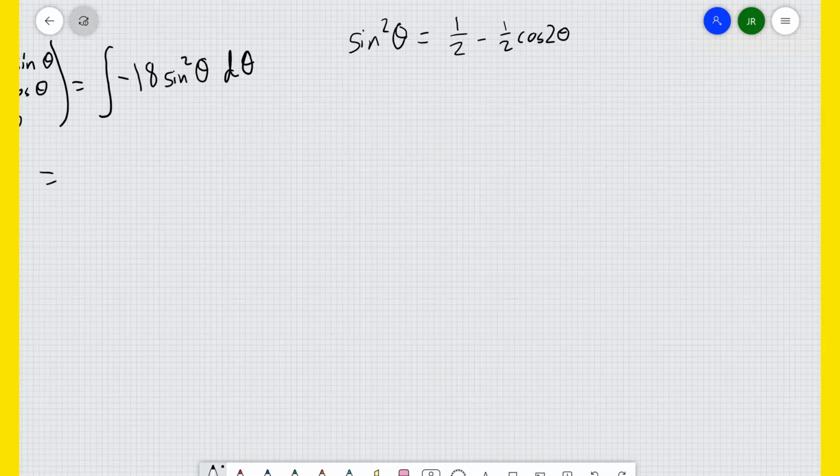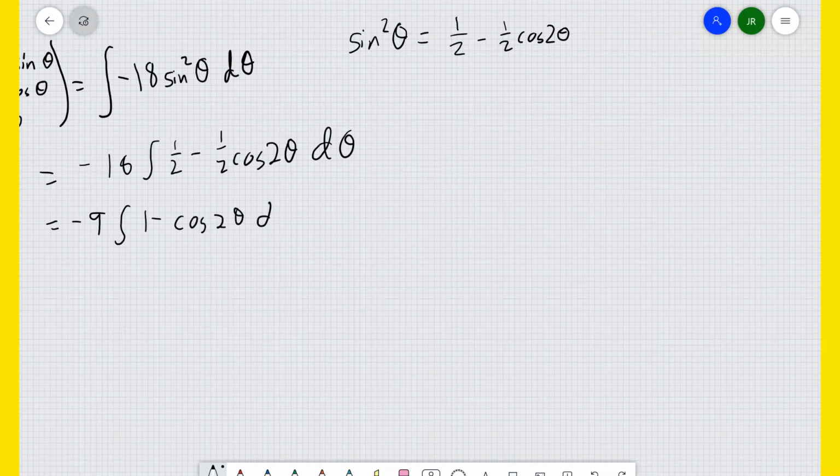So now this equals, I'm going to move the 18 outside, integral of 1/2 minus 1/2 cosine 2 theta d theta. Alright, I'm also going to factor out the 1/2. So if I factor out a 1/2, this becomes -9 outside. Then it becomes 1 minus cosine 2 theta d theta.